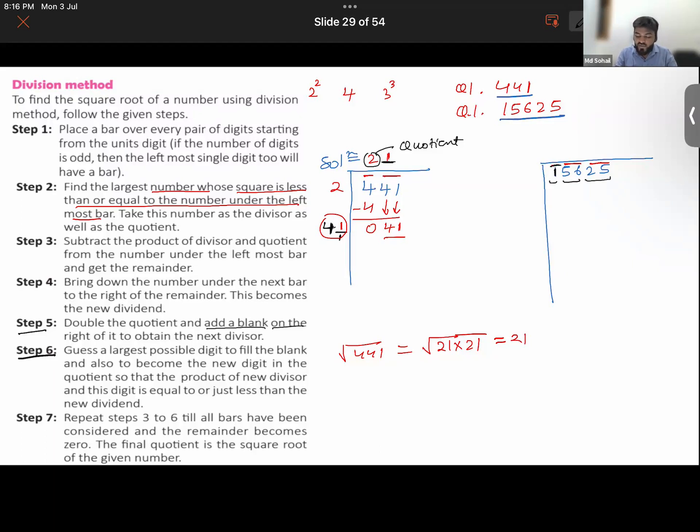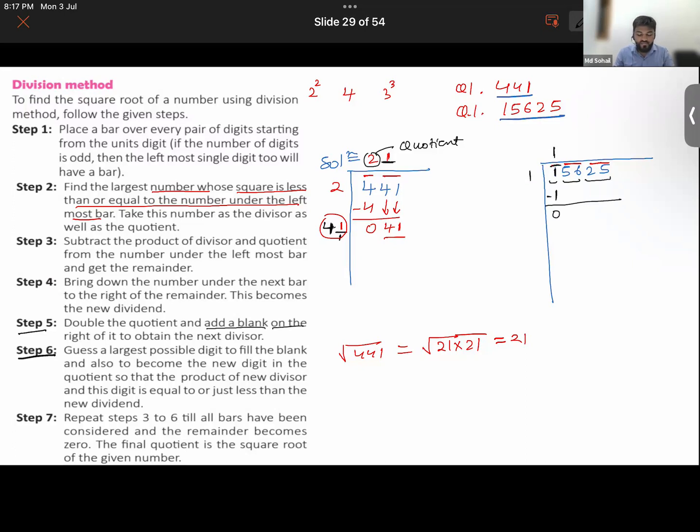So for 1, we are obviously going to take 1 here, right? Because 1 squared equals 1. So you write 1 over here, and that gives you 0 here, right? What was the next step, Ahmed? Sir, we have to subtract. Yes, we have done that.